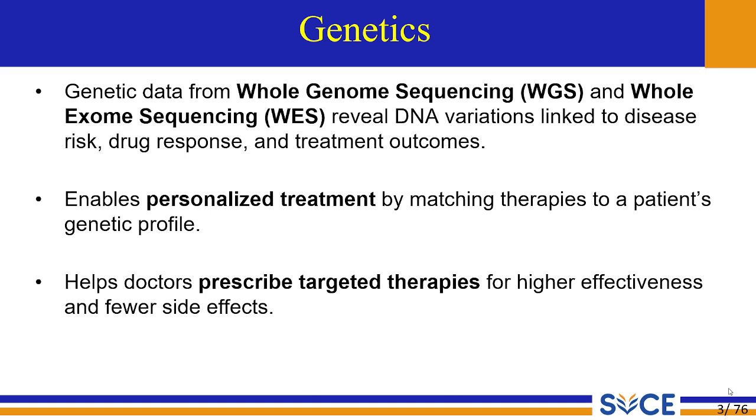For example, if you have a mutation that makes you resistant to a certain drug, AI can suggest alternatives. This isn't guesswork, it's data driven care, and it's changing how we treat everything from cancer to cardiovascular disease.